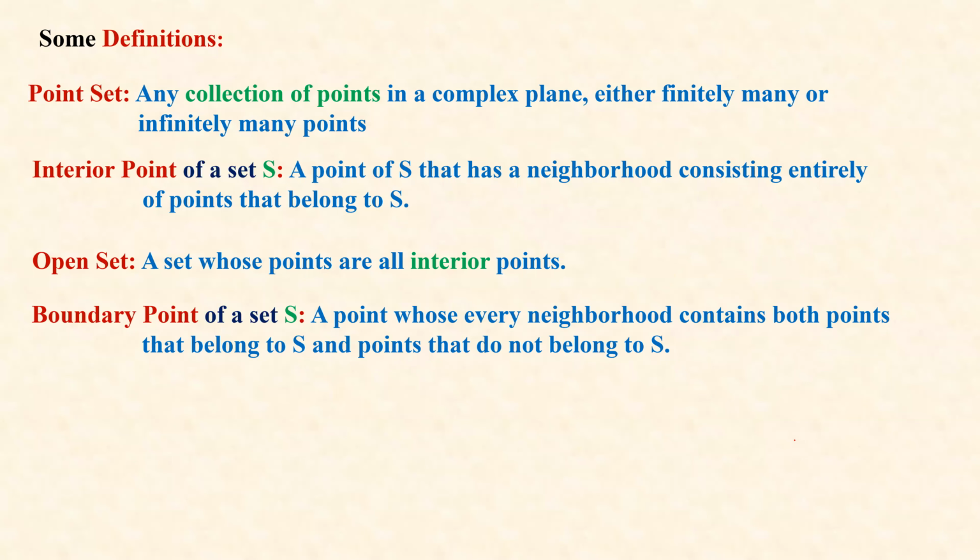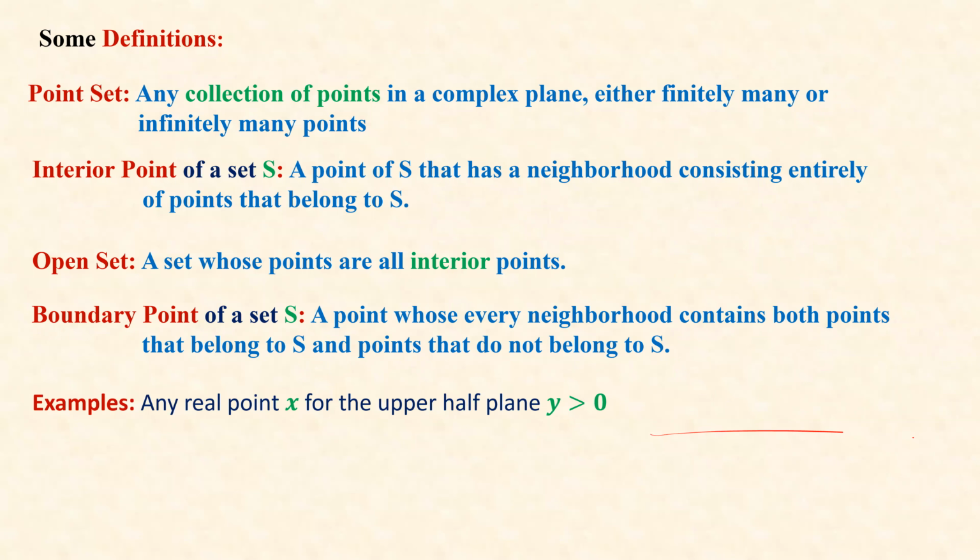All right. So that's that. And then the example: any real point x for the upper half plane y greater than 0 is a boundary point. You see it again, this is the set, all the points in the upper half plane, and any point on the x-axis that you take, any neighborhood of that has some points in the set and some points that are not in the set.